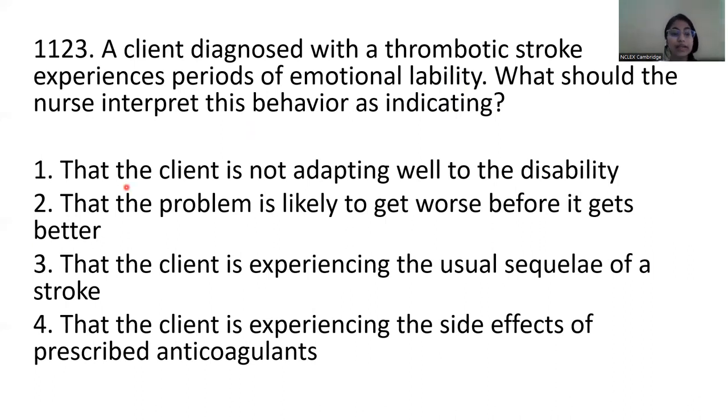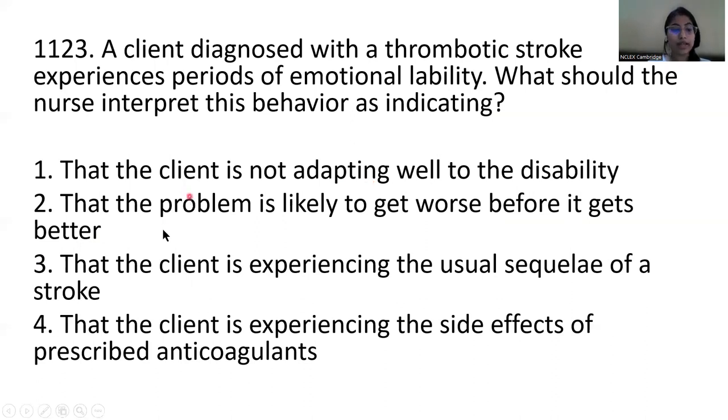The options are that the client is not adapting well to the disability, that the problem is likely to get worse before it gets better, that the client is experiencing the usual sequela of stroke, and that the client is experiencing the side effects of prescribed anticoagulants. The first option says the client is rejecting his condition and is not able to adapt.